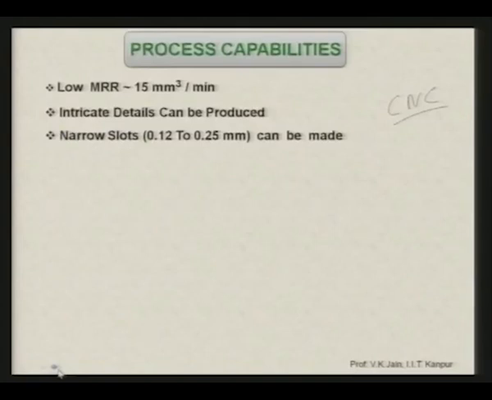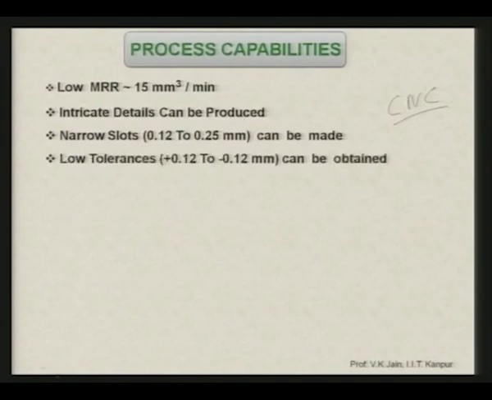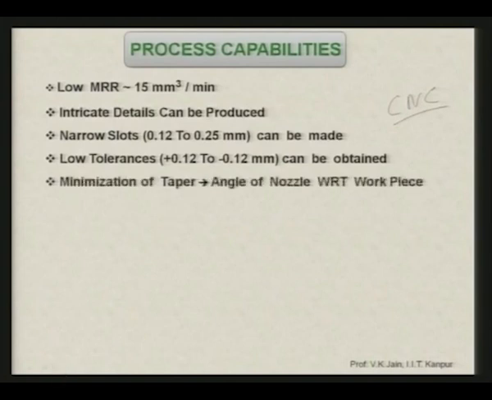Narrow slots can be cut, the size of the slots can be 0.12 to 0.25 millimeter. Low tolerances can be achieved, plus minus 0.12 millimeter. Minimization of taper angle: this taper can be minimized by properly setting the angle of the nozzle with respect to the workpiece.